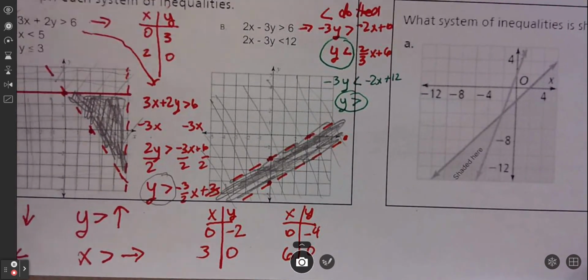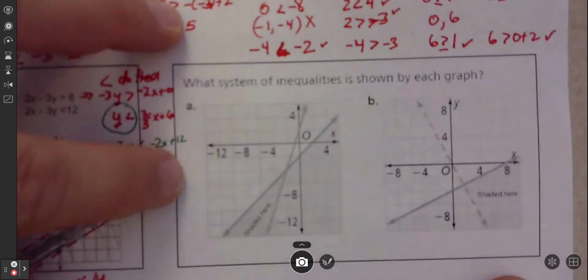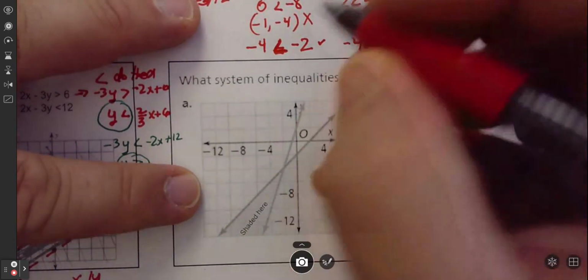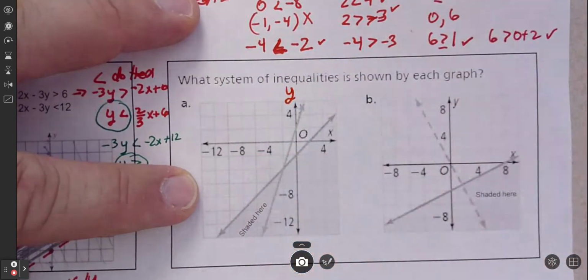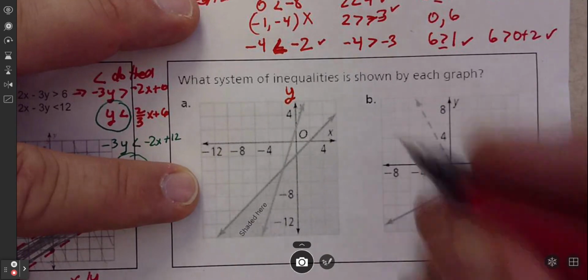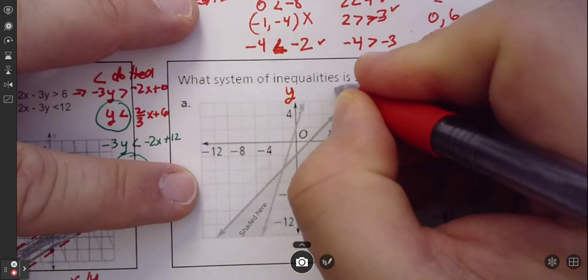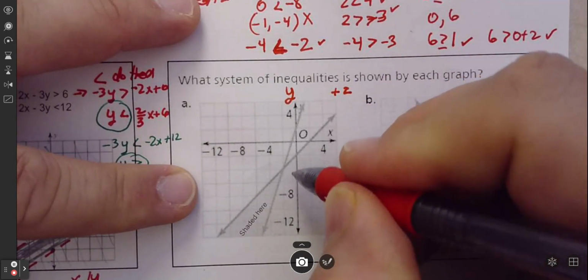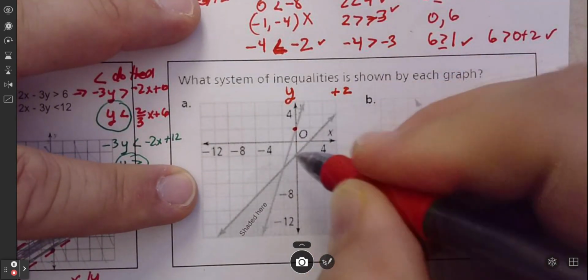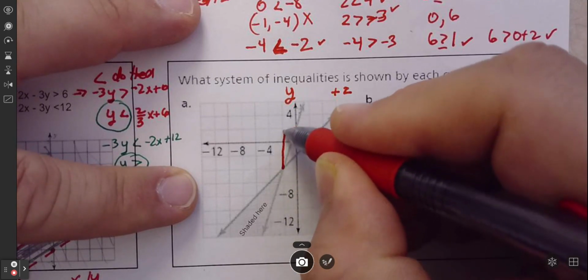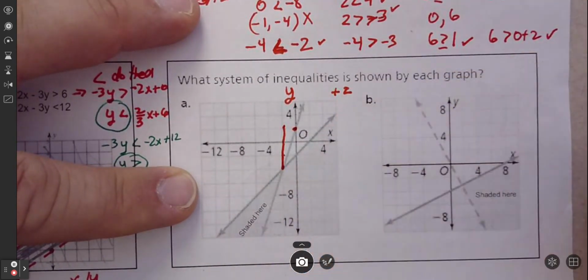All right. So the next one, we want to write the system. So basically, we need to know what the equation is for each of these. So I don't know what my symbol is going to be, but I can see that my y-intercept is 2, and my slope is 1, 2, 3.